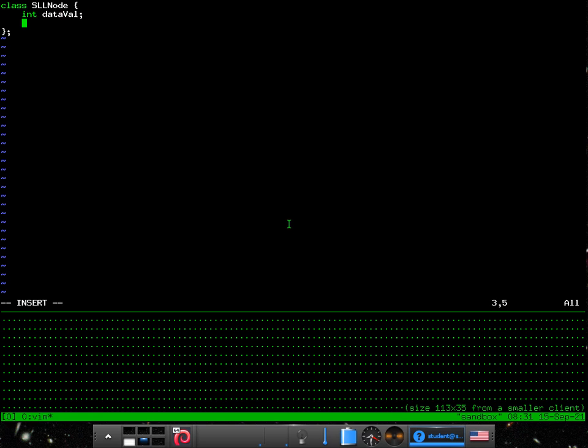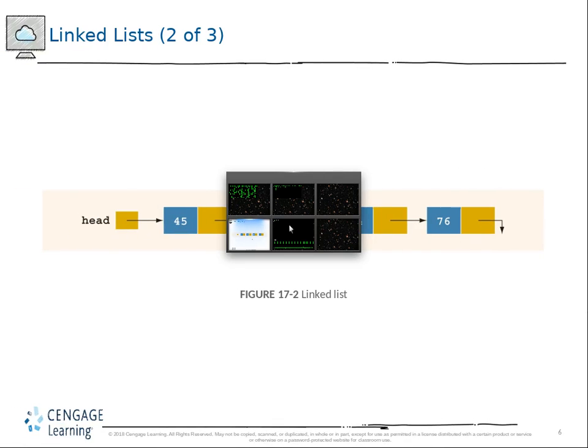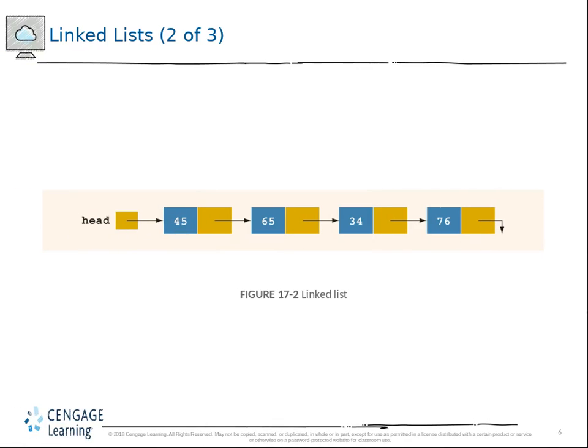Data val. And then, what else is there? So we've got the data, and then we have a pointer. What's it pointing to? The next data val.